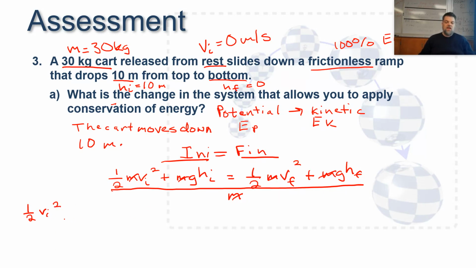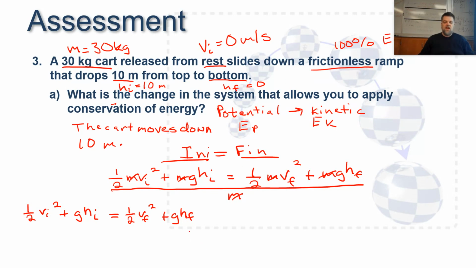So I get 1/2 times the initial velocity squared plus the acceleration due to gravity times the initial height is equal to 1/2 times the final velocity squared plus the acceleration due to gravity times the final height.